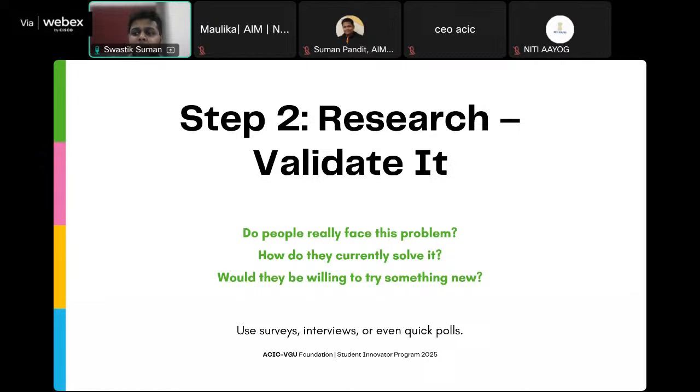There are different methods where we can do research. Some following pointers are mentioned: use surveys, interviews, or even quick polls will work. Most important, see and understand the people in front of you, कि क्या ये मेरा प्रोडक्ट यूज करेगा या नहीं करेगा.